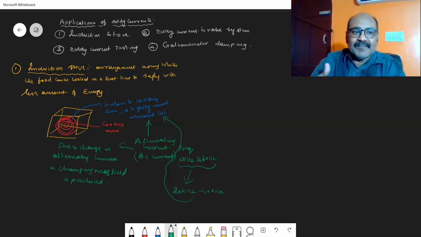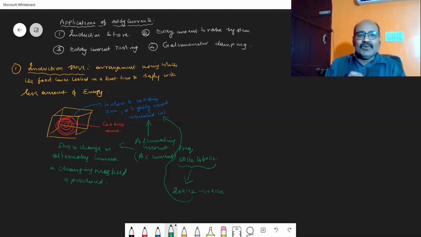Let us summarize. What is an induction stove? An induction stove is an arrangement using which you can cook the food within a short interval of time, that is, we can cook the food fast and safely and also with less amount of energy.